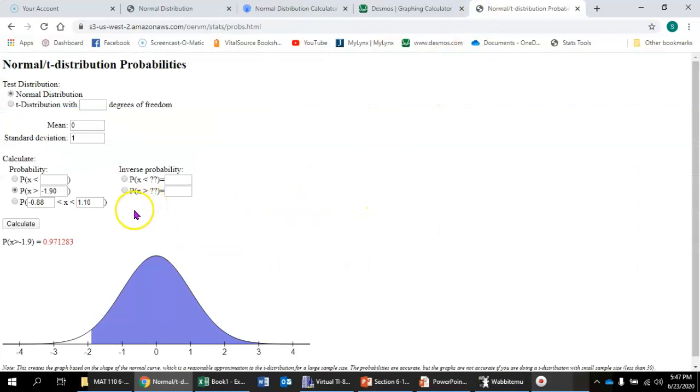And with this website, make sure we've selected normal distribution, mean 0, standard deviation 1. And this is the first choice, the one of the probability of x being less than some number. And the number I'll fill in is 0.67. Then I'll hit calculate. It shows me the graph and it gives me the answer here in red, 0.748571, about 0.7486.